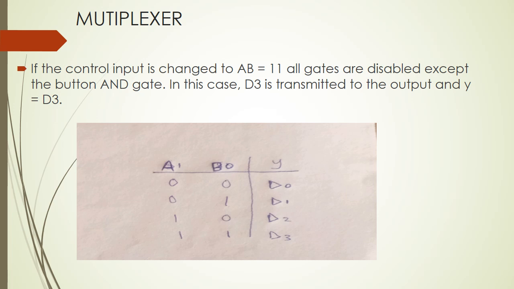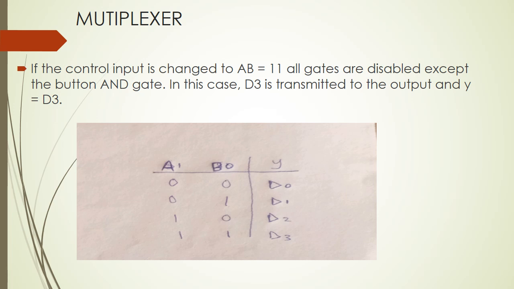To crown it all, let's take a look at this multiplexer. If the control input is changed to AB equal to 1, 1, where A and B are our two select lines, where is 1, 1 located in this diagram? The 1, 1 is located at the last of those numbers.